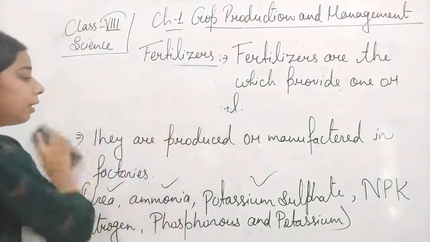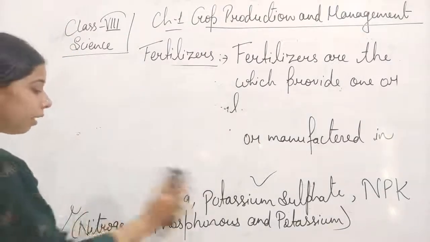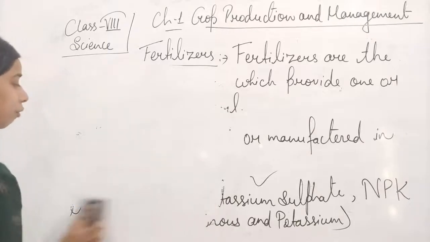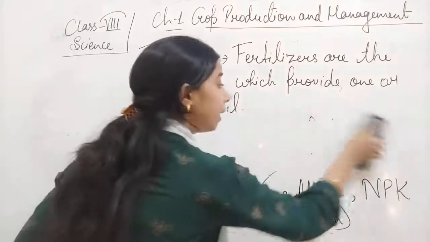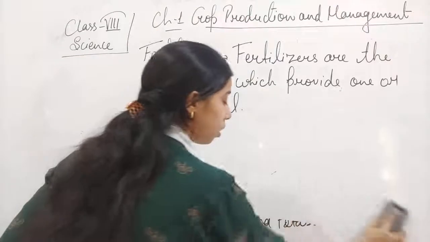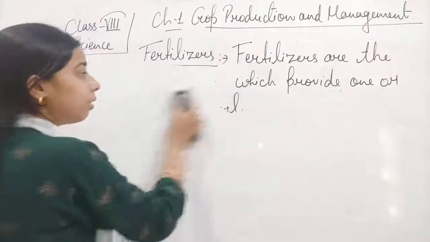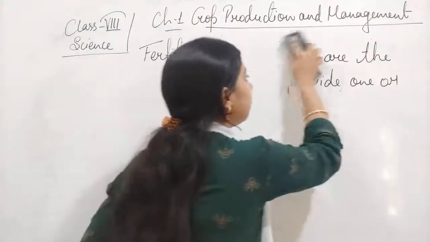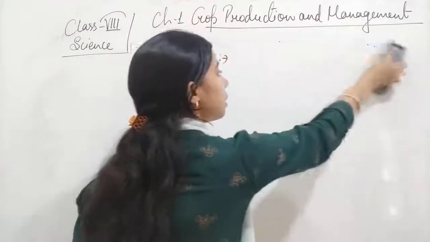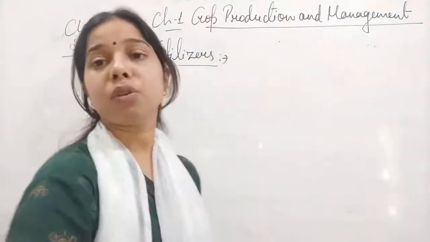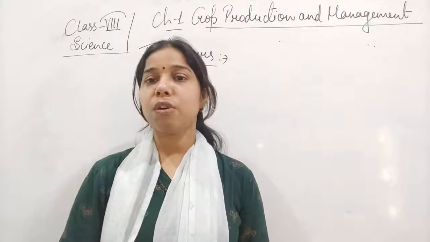Now, basically the farmers, you know that fertilizers are synthesized in the factories. When we are talking about NPK fertilizer, it consists of nitrogen, phosphorus, and potassium.